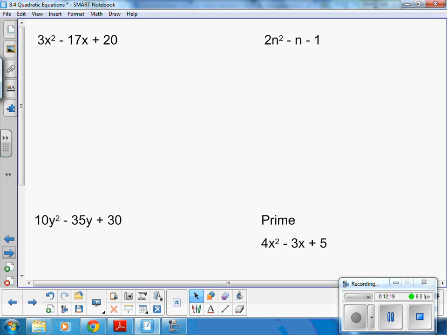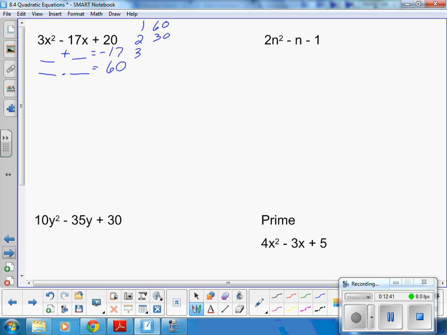The sum of the numbers has to be a negative 17. And the multiplication of the numbers has to be a positive 60. So 1 and 60, 2 and 30, 3 and 20, 4 and 15, 5 and 12, 6 and 10. Whew.